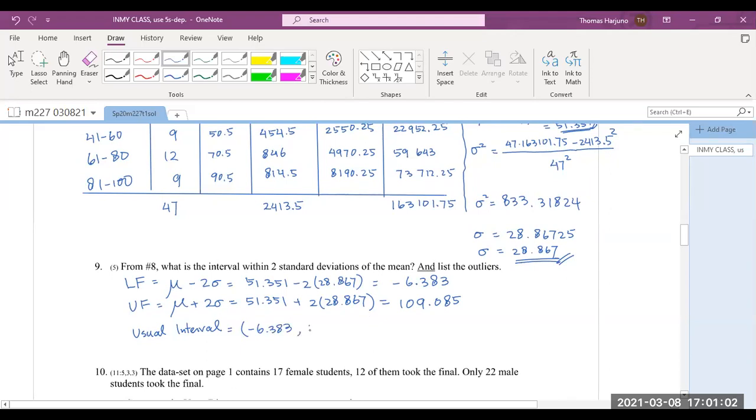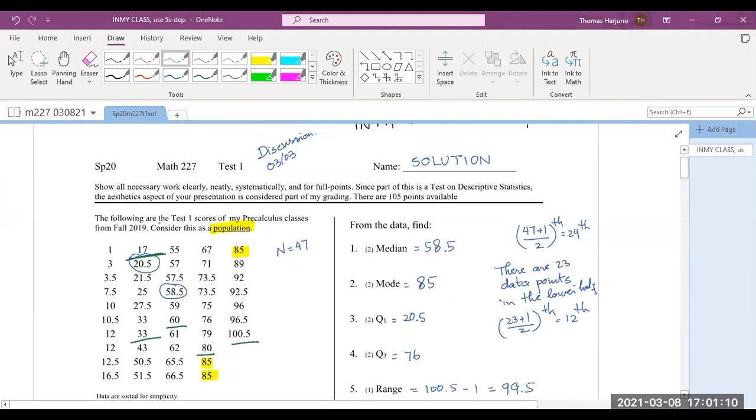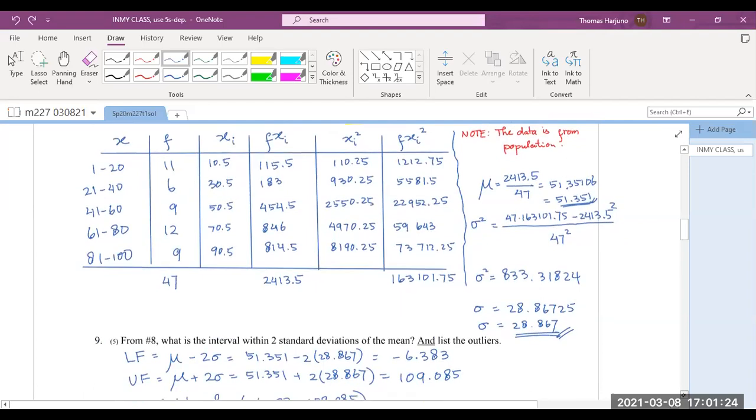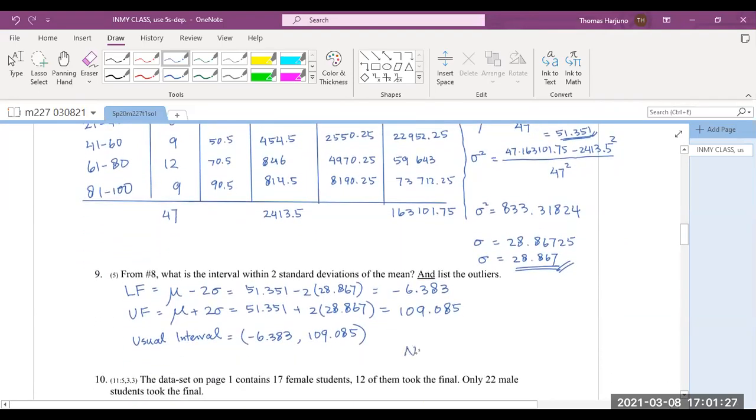And then up to 109.085. When you compare with the original data here, the smallest one is still in the interval, the maximum 100.5 is still in the interval. So we don't have outlier. No outlier. Okay, I just hope I don't make any miscomputation there though.